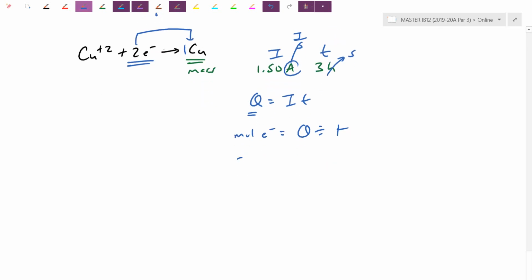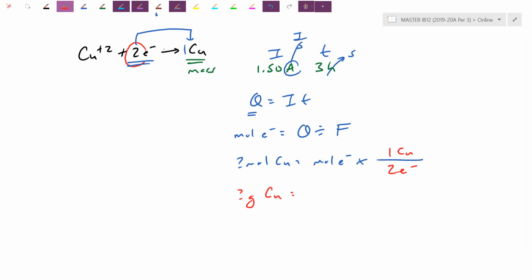We take the moles of electrons from the first step and use the balanced equation, which says 2 electrons make 1 copper solid. Then you can find mass just using molar mass afterwards. So have a look at that last question as well. We can quantitatively compare how much mass is actually generated.